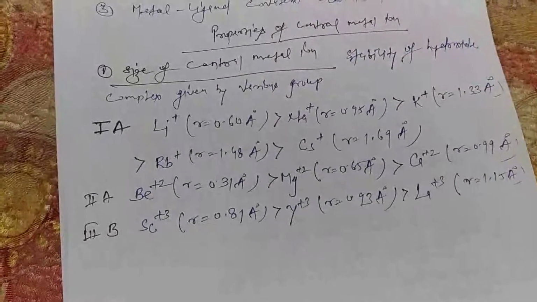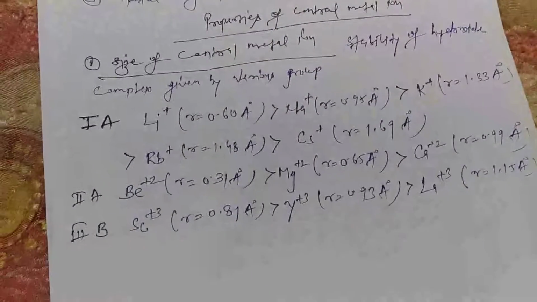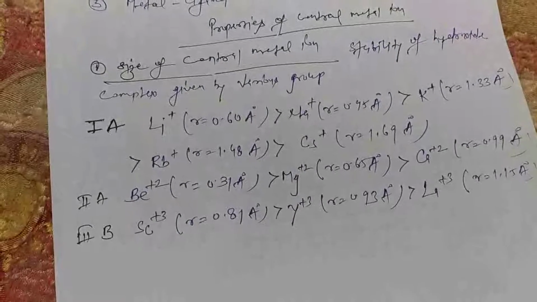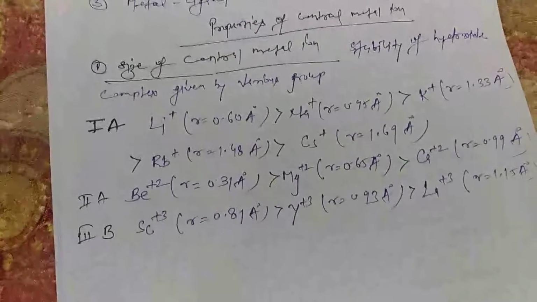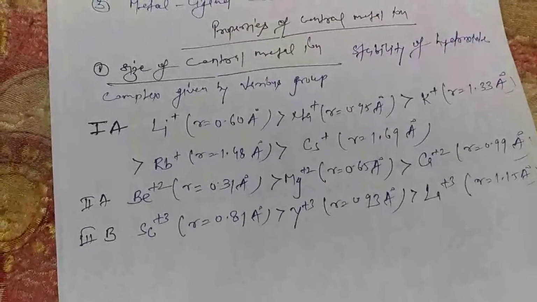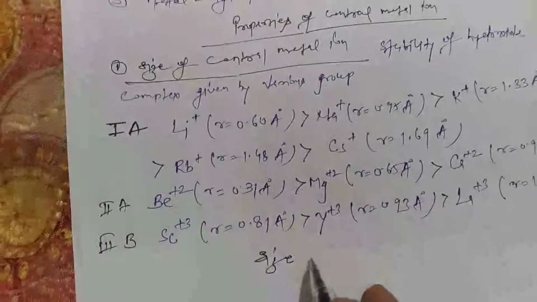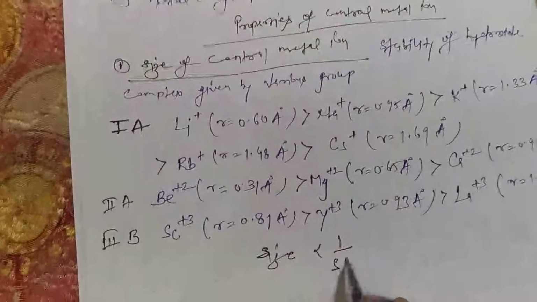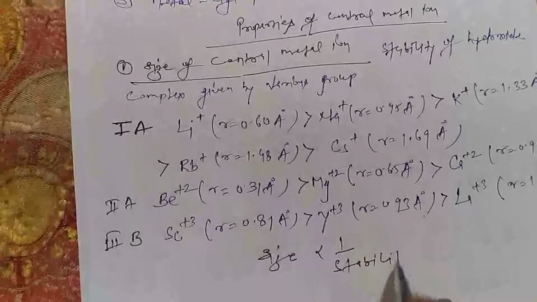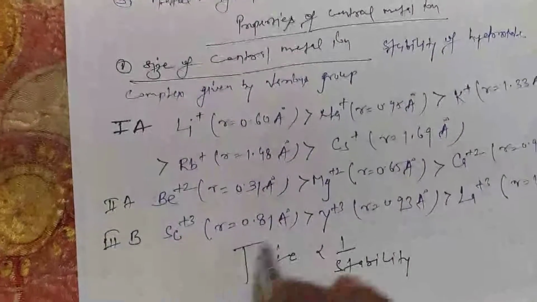Clear? So this is the effect of the central metal ion. We can say that size is inversely proportional to the stability as far as the group is concerned.